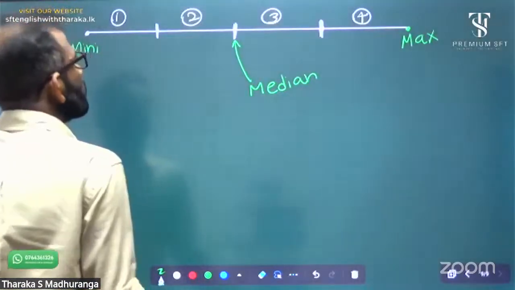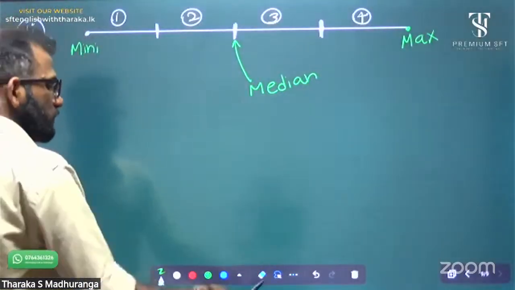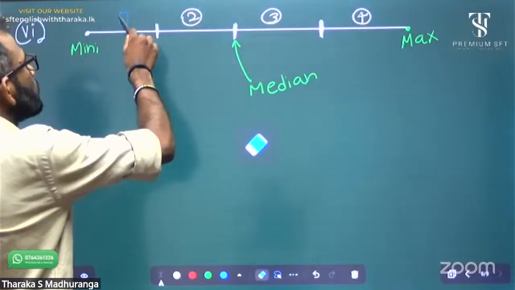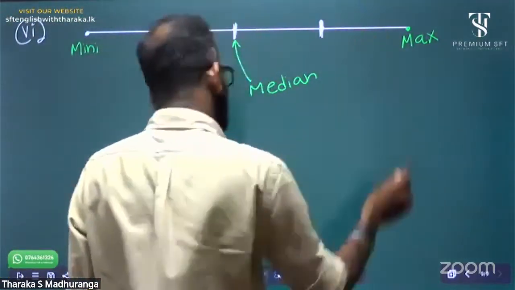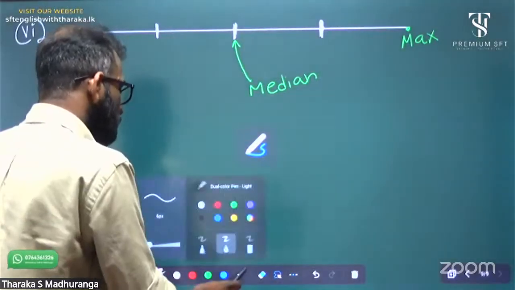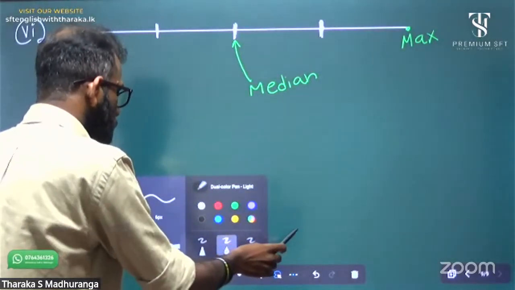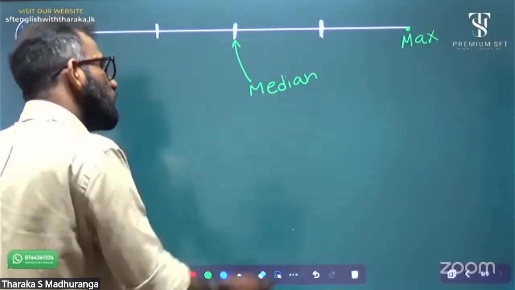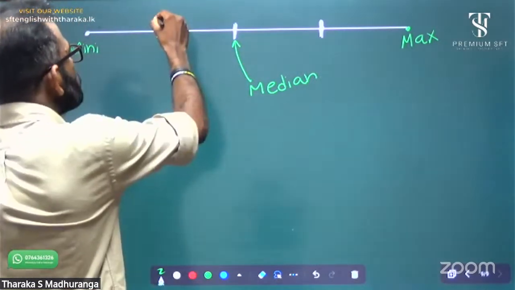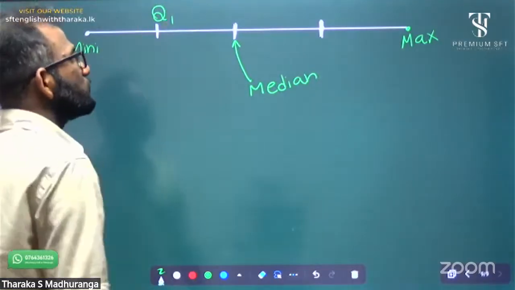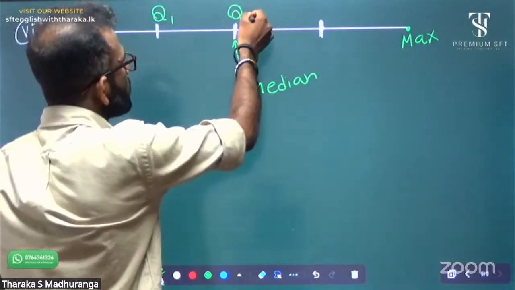Okay, then what is the meaning of quartiles? The data distribution cutting points into equal four parts. The first cutting point we call the first quartile. The second cutting point we call the second quartile.